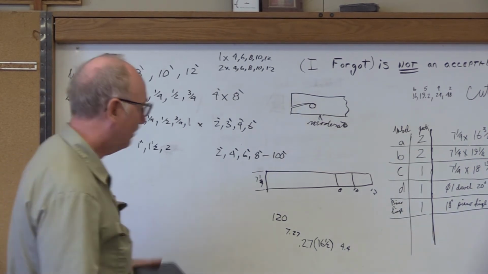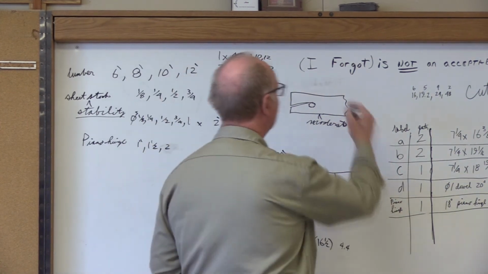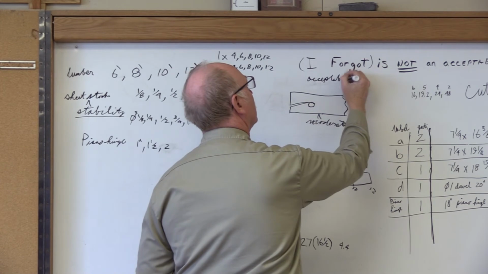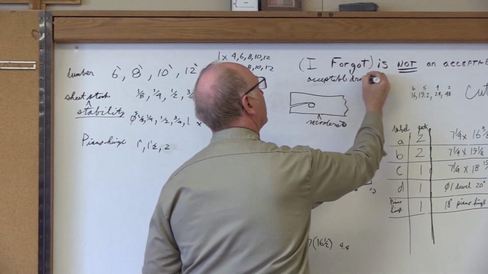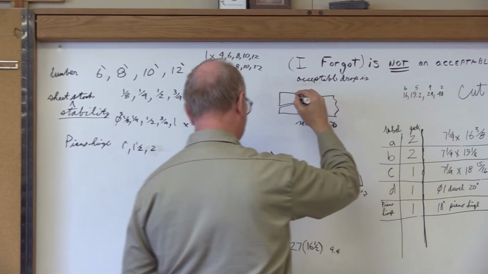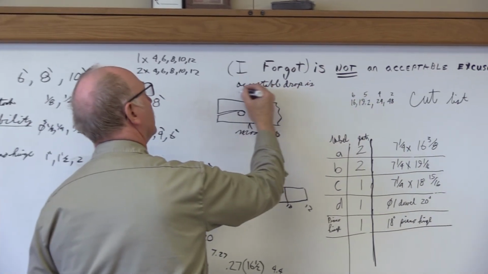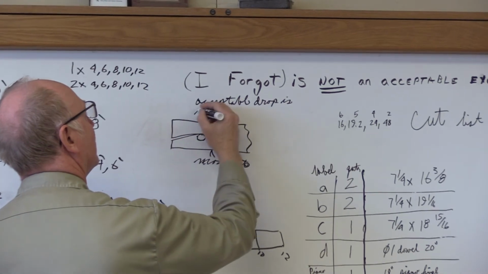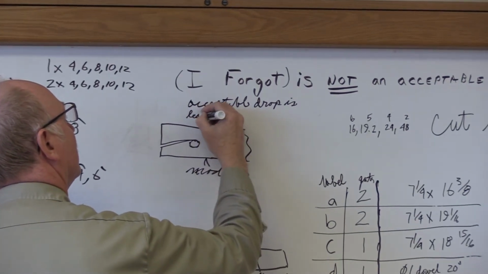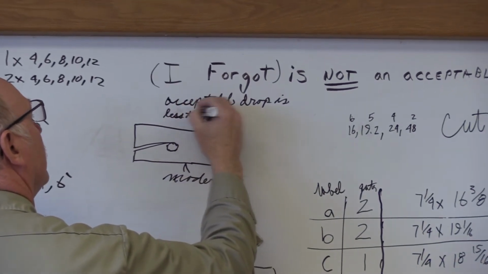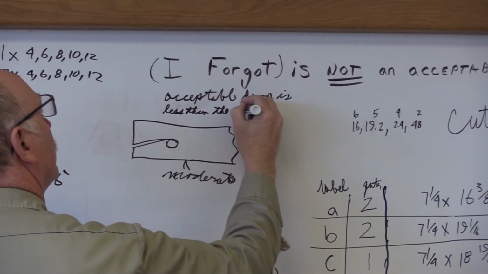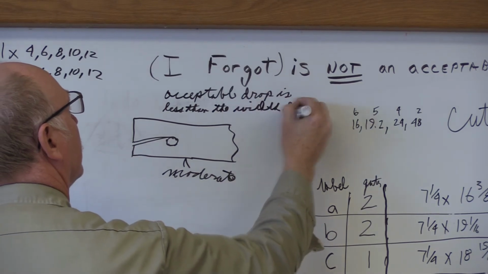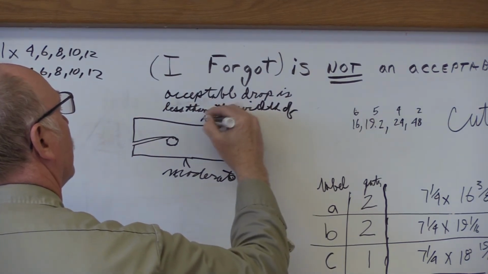So an acceptable drop actually should be on a quiz. Acceptable drop is less than the width of the board.